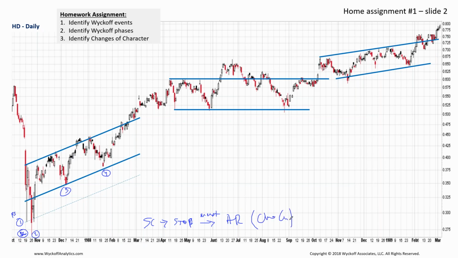So a change of character is going to look like what? Why is it called a change of character? What would we see on this rally that is going to be so different than what we've seen before? Well, maybe a bigger price swing than in the rally before, and maybe a little bit bigger volume. Okay, great.